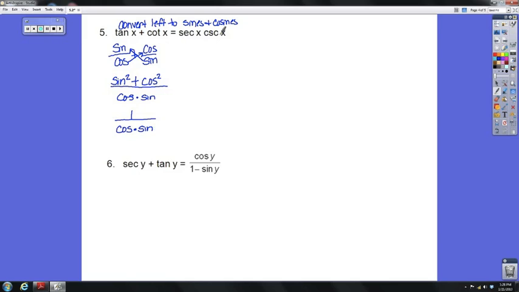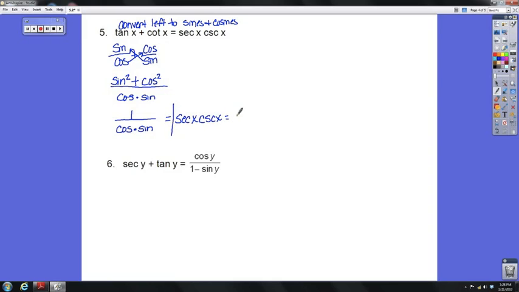Now always look at where you're headed. You're trying to get to secant and cosecant. Well, 1 over cosine is secant, and 1 over sine is cosecant. So we are already there. So secant of x and cosecant of x, that was the left-hand side. I'm going to kind of break that off.